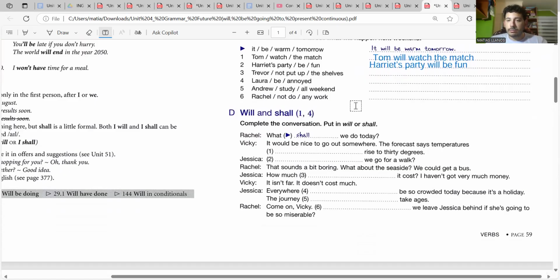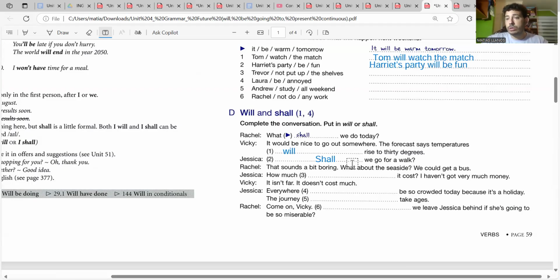Will and shall. Complete the conversation, put in will or shall. What shall we do today? It will be nice to go out somewhere. The forecast says temperatures will rise to 30 degrees. Jessica, shall we go for a walk? Remember that shall and will are used for I or we.